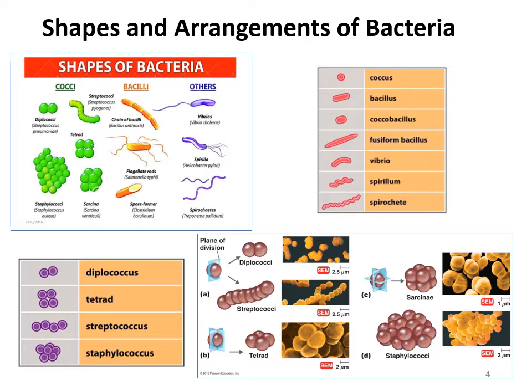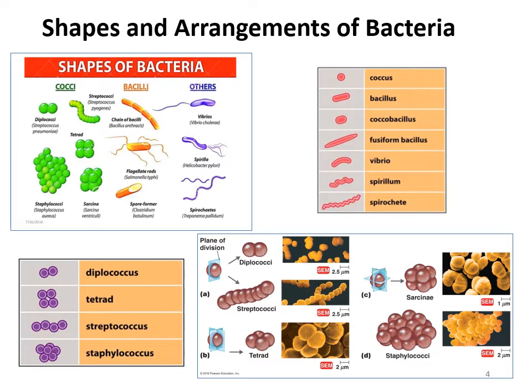The three main shapes are coccus, which is round bacteria, bacillus, which is rod-shaped, and spirillum, which is spiral-shaped. Make sure you know coccus, bacillus, and spirillum.